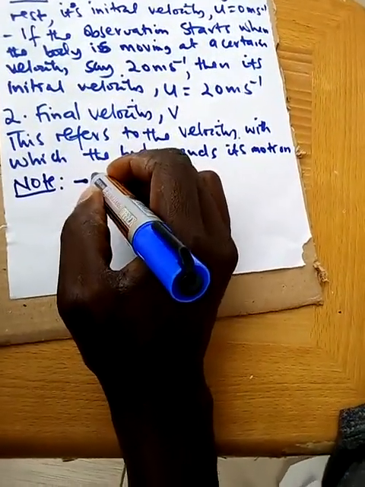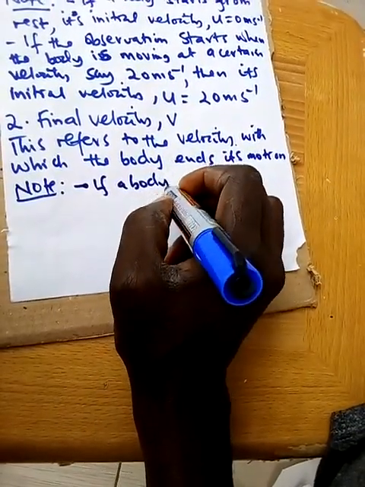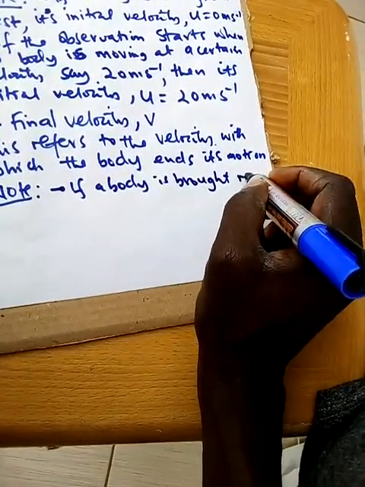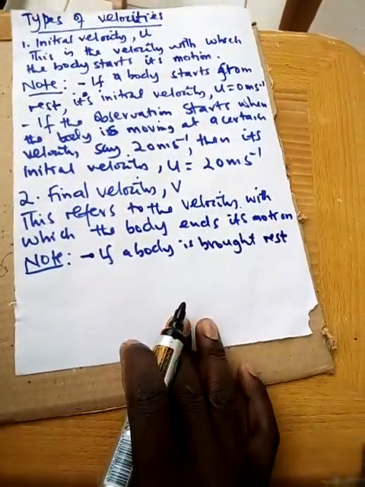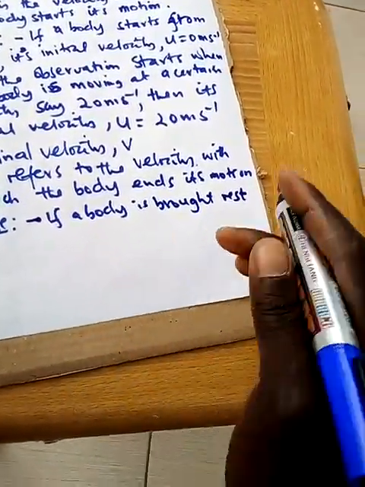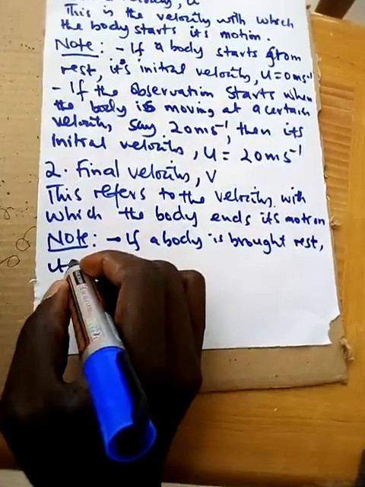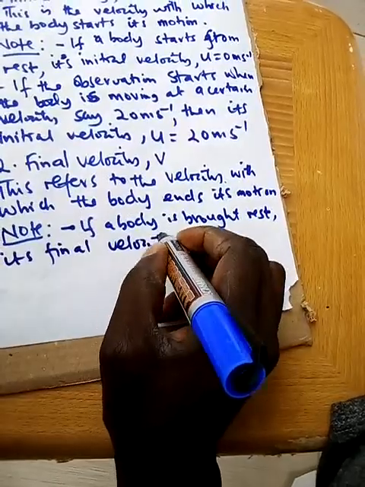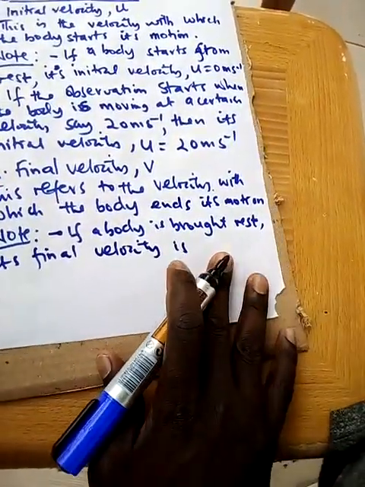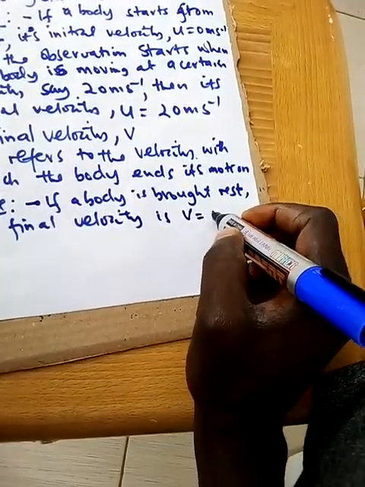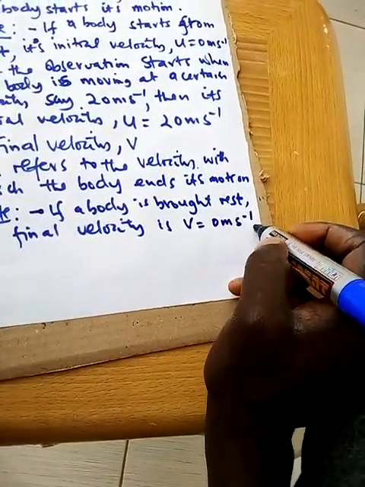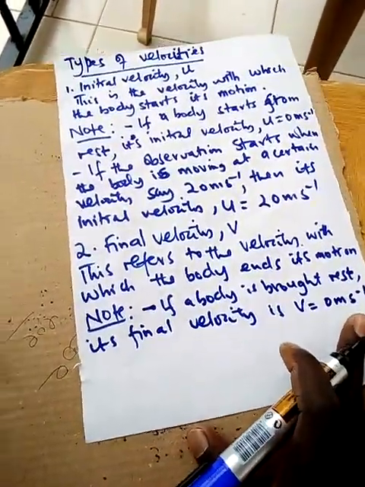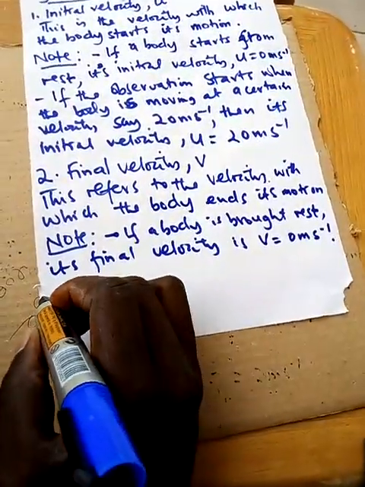Number one, if a body is brought to rest, like applying a brake on a car, it comes to rest, its final velocity is v equals 0 meters per second. If a body is brought to rest, its final velocity is 0 meters per second. That is one.